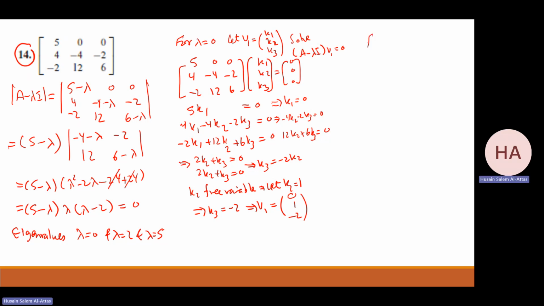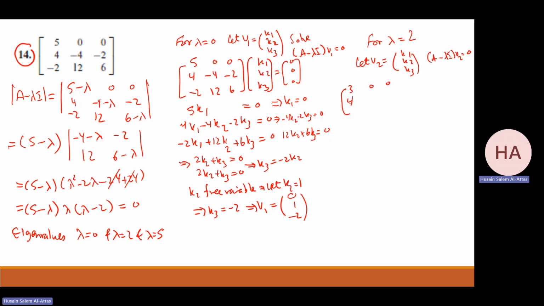Now for lambda equal, what will be the next one? 2. What do we have? I let V2 be K1, K2, K3. I want to solve A minus lambda I V2 equals 0. So this will be 3, 0, 0.